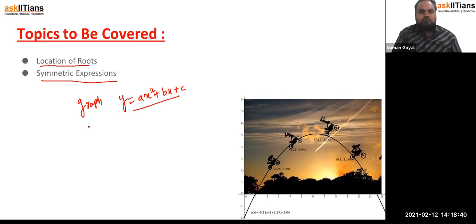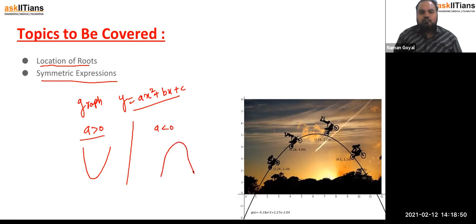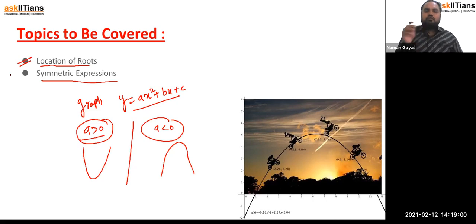As I told you, if a is positive, then the graph is a parabola with mouth opening upward, and if a is negative, then the graph is a parabola with mouth opening downwards, right? So we are going to use these things by covering the concept of location of roots, and the next concept is symmetric expression. So we are going to cover these two topics in this class.